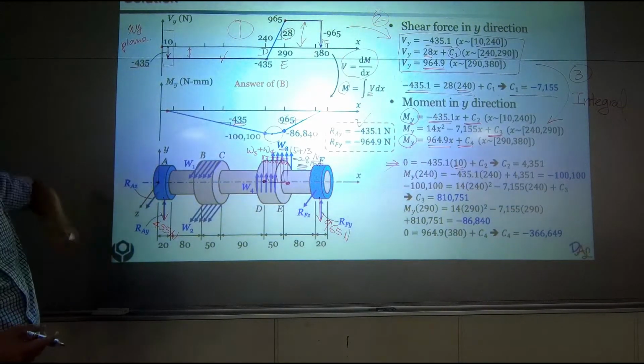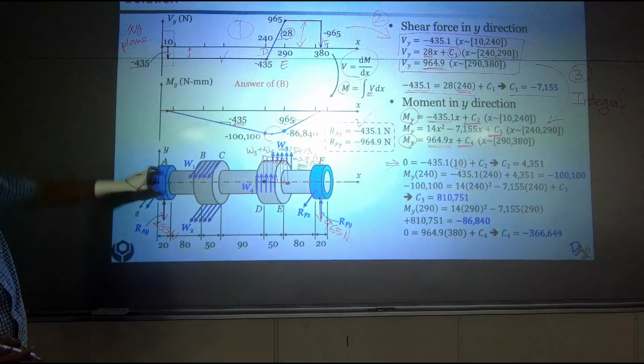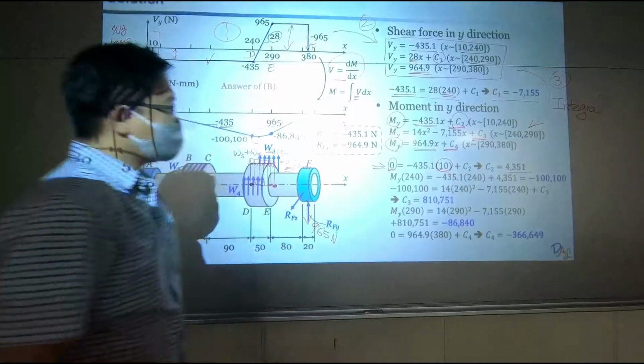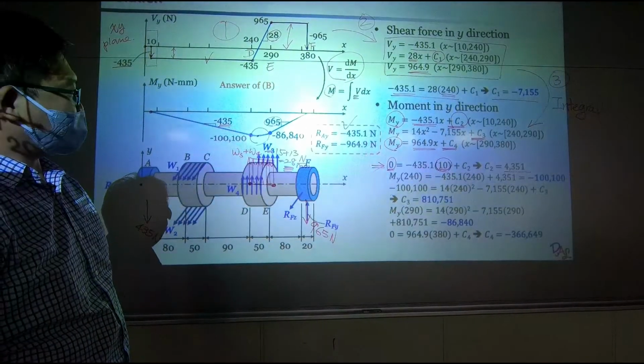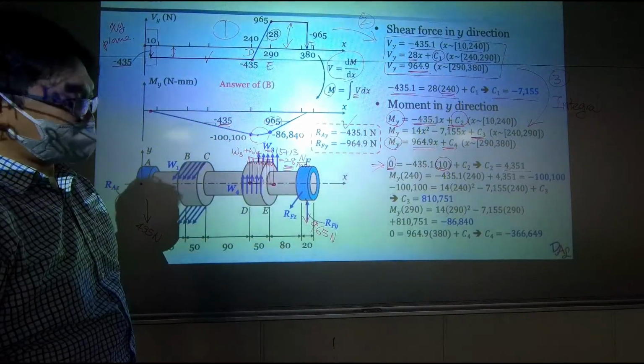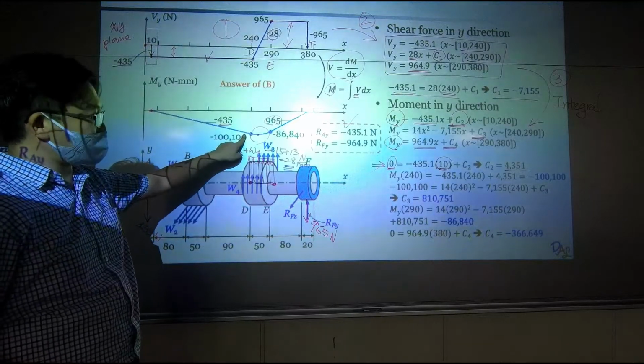And also no bending. There's nothing that is trying to bend the shaft. And how do we get C3? Because this linear equation must be followed.